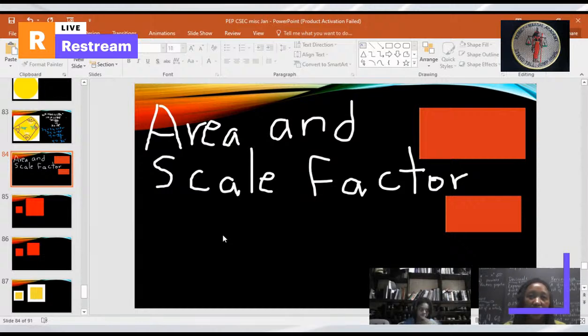We're going to see how scale factor affects the areas of the original object and the enlarged objects. We're going to work it out and see.